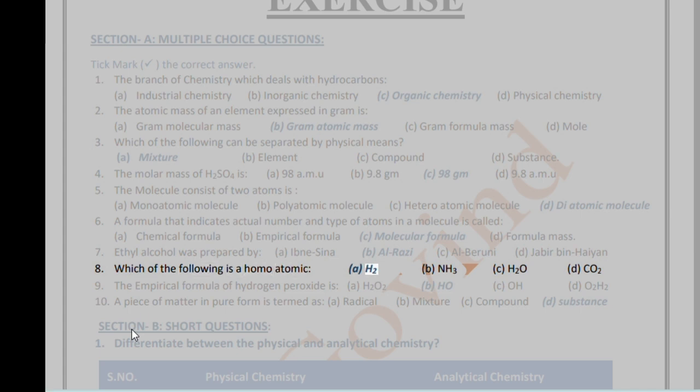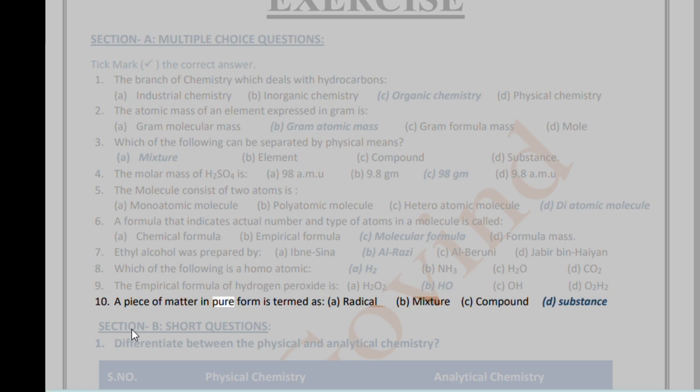A. H2, B. NH3, C. H2O, D. CO2. 9. The empirical formula of hydrogen peroxide is: A. H2O2, B. HO, C. O, D. O2H2. 10. A piece of matter in pure form is termed as: A. Radical, B. Mixture, C. Compound, D. Substance.